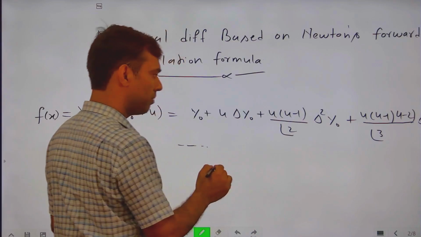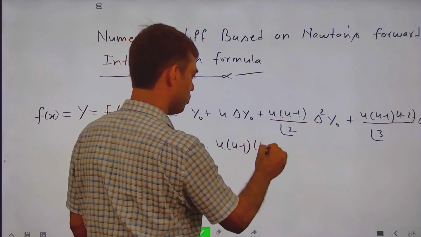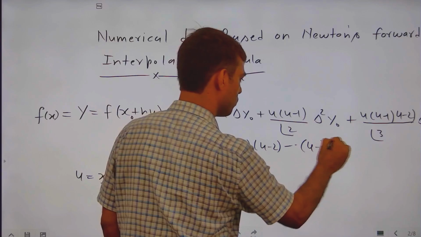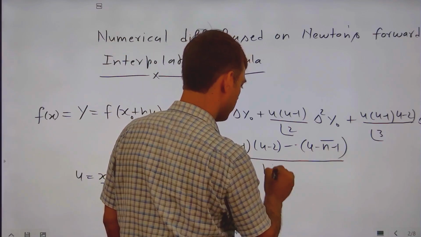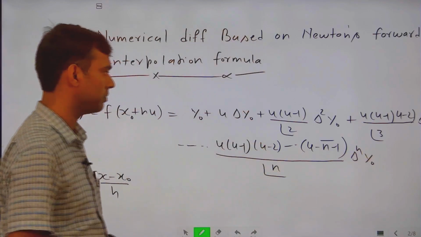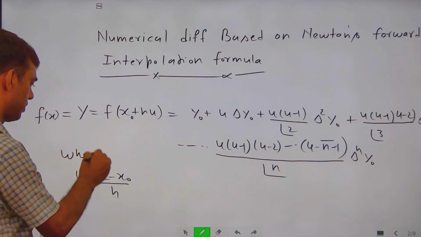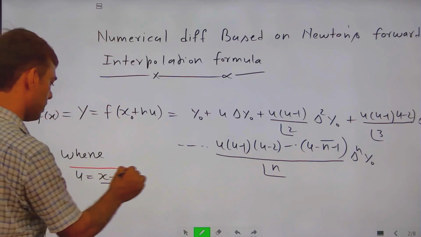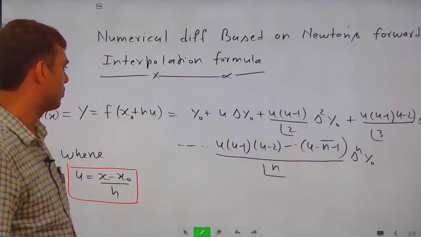What is the last term? The last term is u(u minus 1)(u minus 2) up to (u minus n plus 1) divided by factorial n del n y0, where u equals x minus x0 upon h.